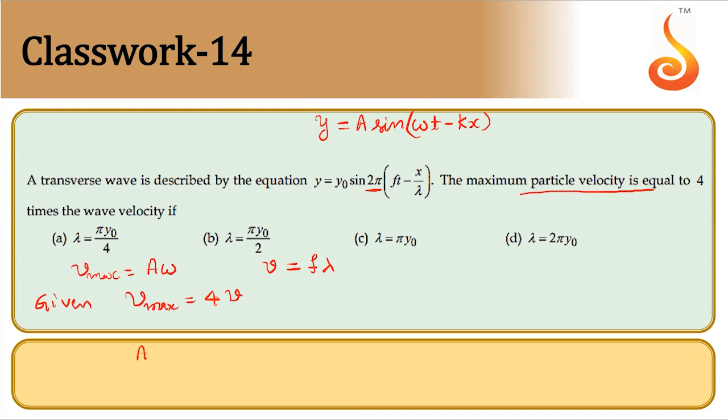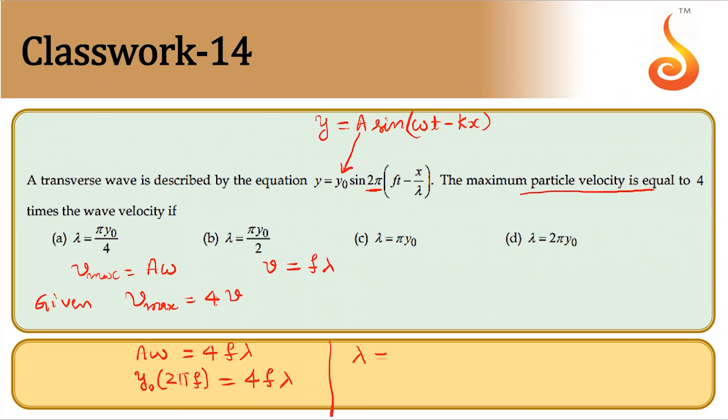So a into omega should be equal to 4 times f lambda. In place of a, we have y naught, and omega is 2 pi f. That should be equal to 4f lambda. So f gets cancelled.